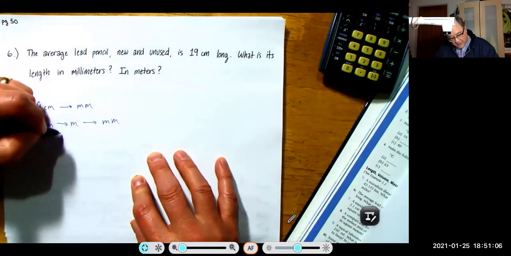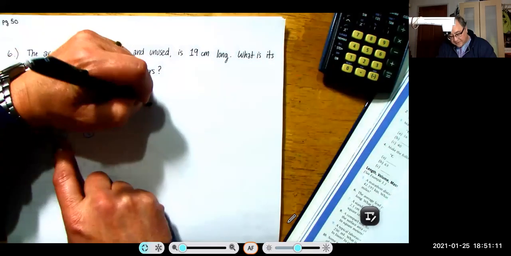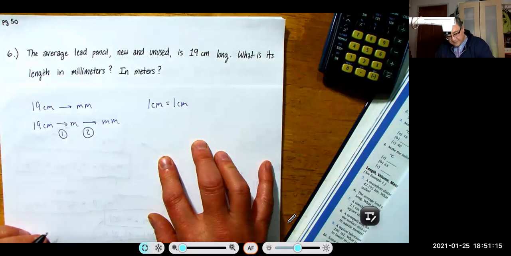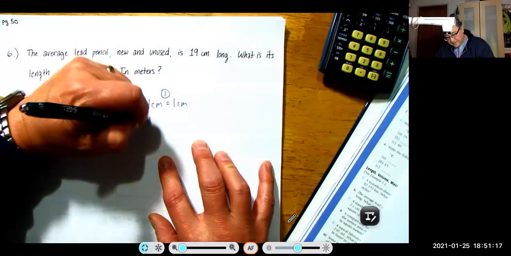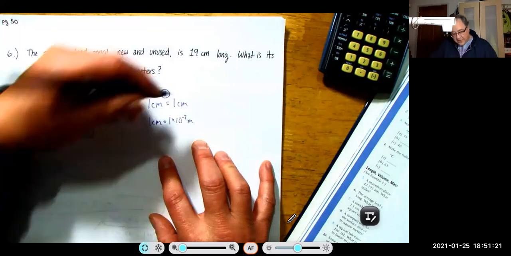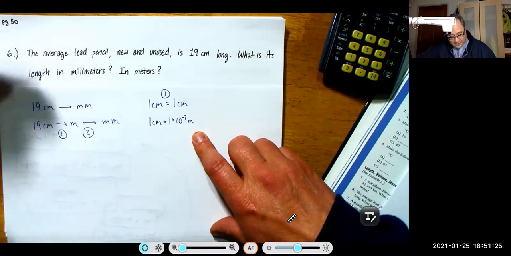And so for number 1, I have this, 1 centimeter is equal to 1 centimeter. So 1 centimeter is 1 times 10 to the minus 2 meters. The other thing I should tell you is if you don't memorize the prefixes, you won't do well on the exam.